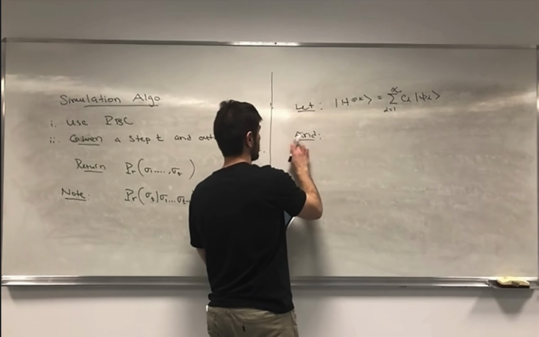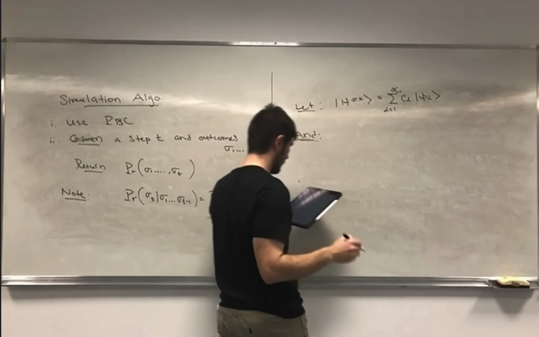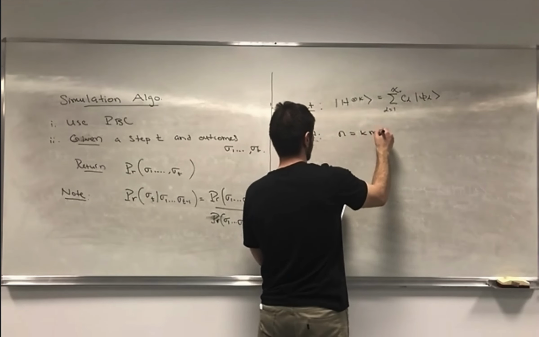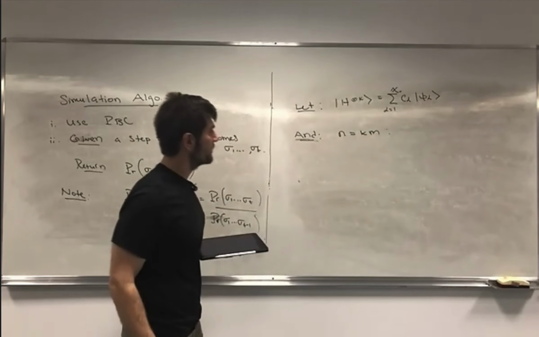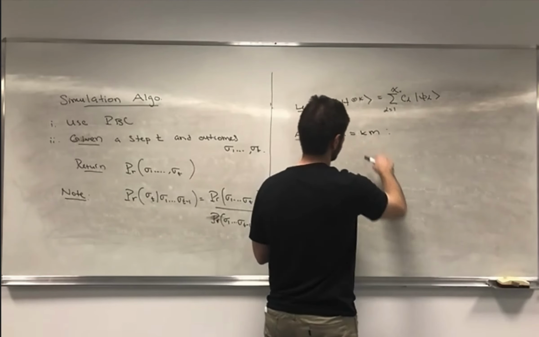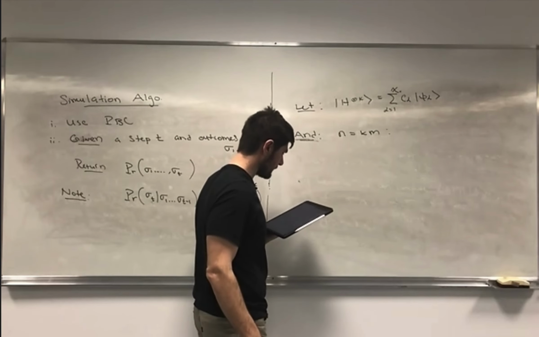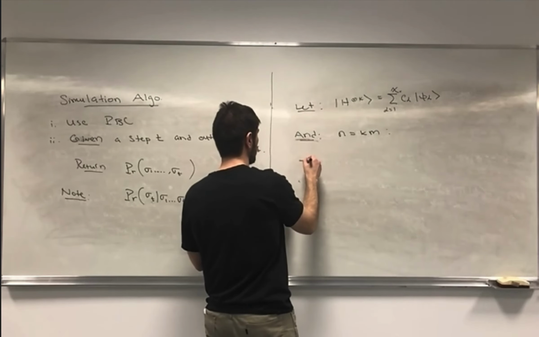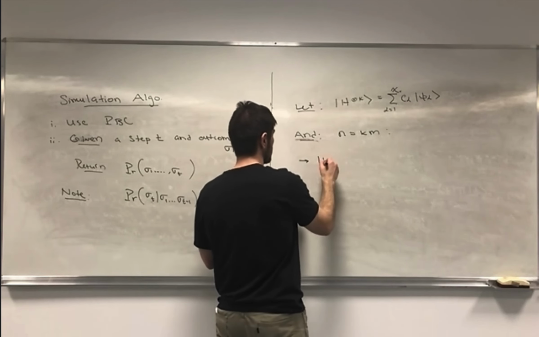And let's consider the fact that we have the following situation. We have that n is equal to k times m. So the number of qubits total is equal to k, what I started with, times some integer m. And you'll see why we're doing this. So we'll have the following.